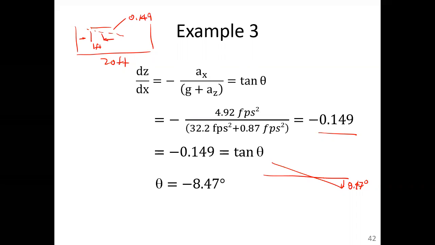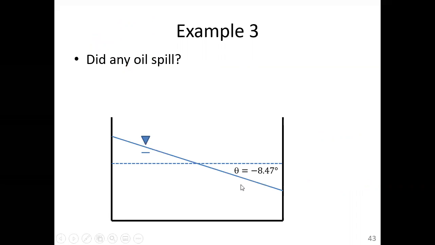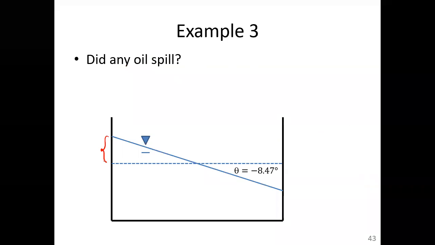It's not so bad. So now we're trying to answer the question, did we spill any fluid? Well, to figure out if we spilled fluid, what we would like to do is calculate that height. We know that the height of one side is 5 feet.